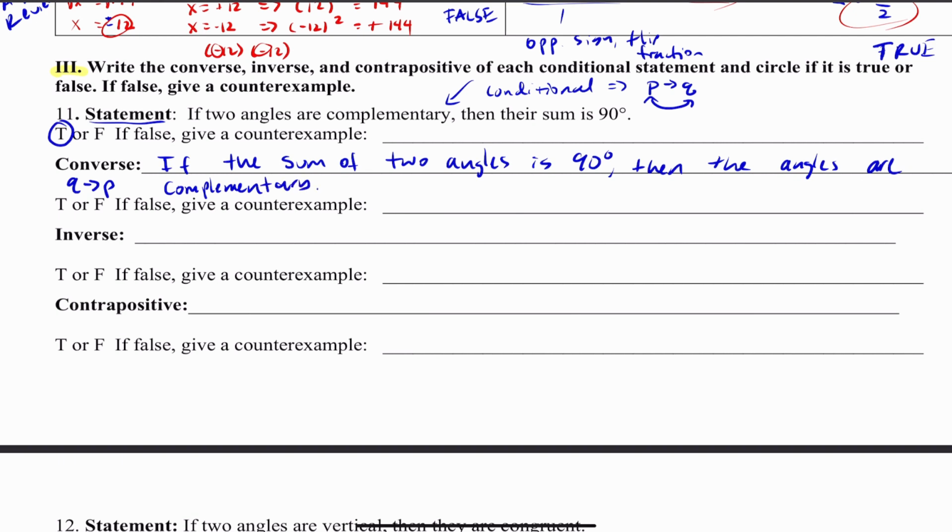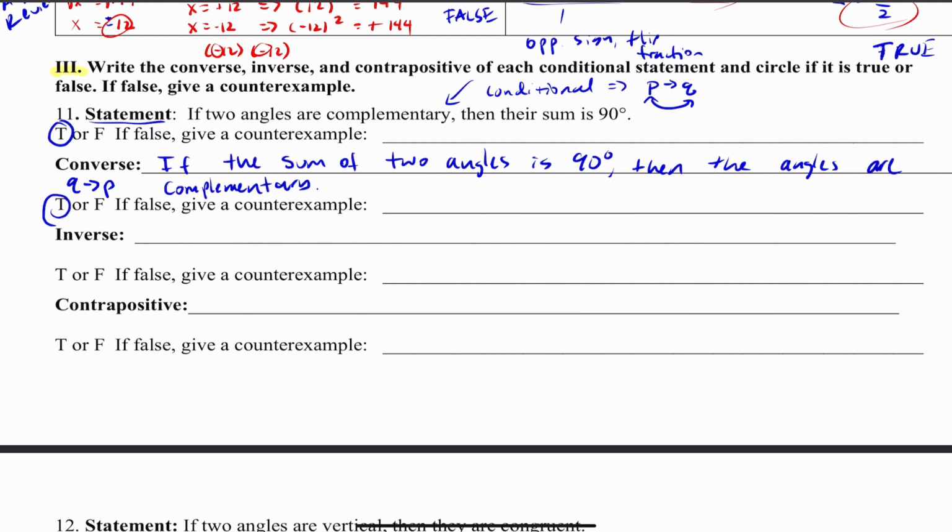Right? So if the sum of two angles is 90 degrees, then the angles are complementary. So that, again, is true because even if I swap the position, this is still a definition. It's a biconditional, and it's true, true, true, right? So it's true.